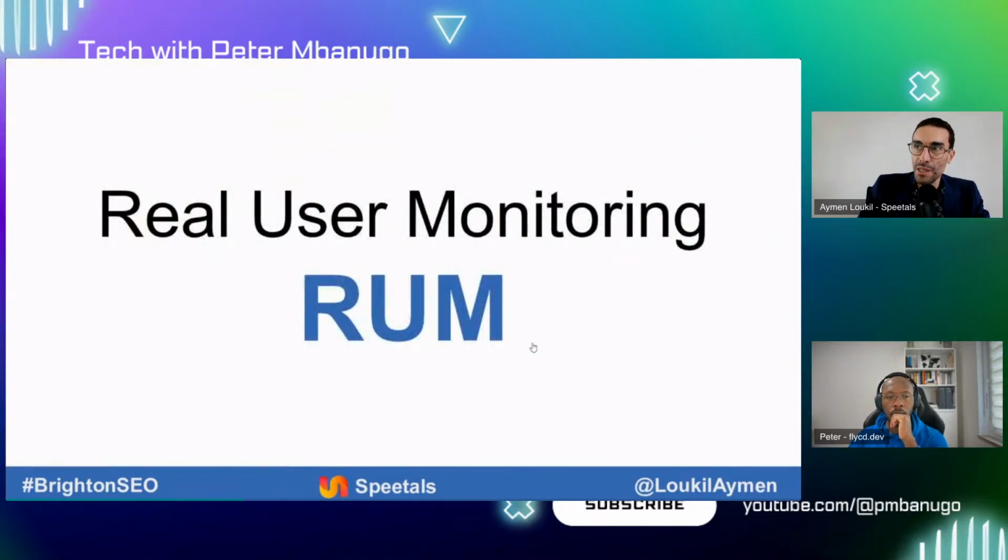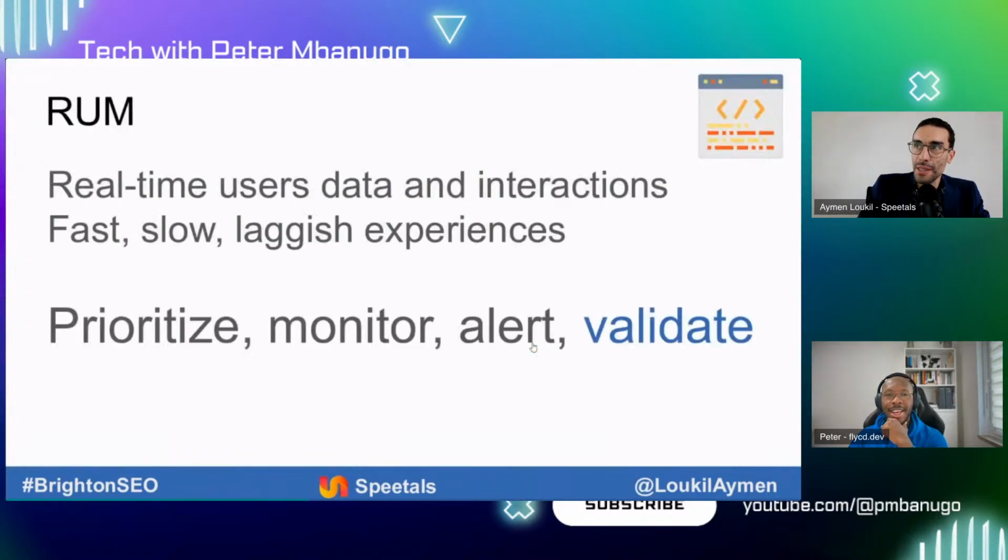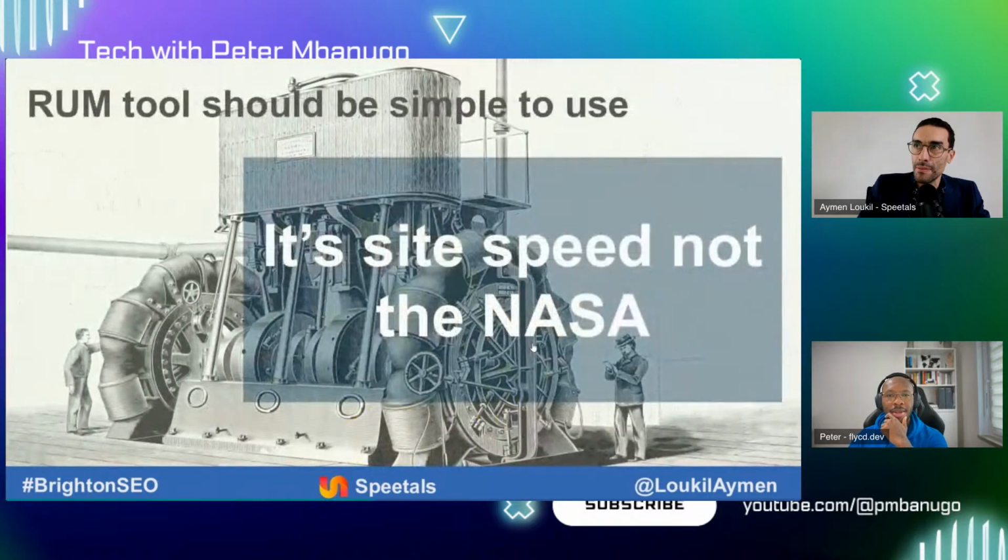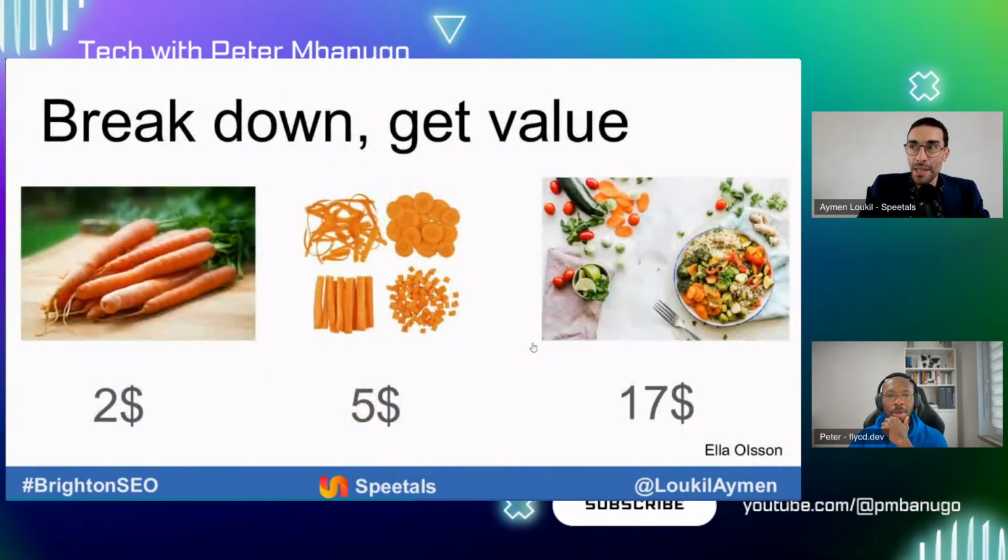Sorry for going a little bit fast. Because when you zoom in on the data and when you break down things, you are going to be able to extract value. Sending a PageSpeed Insights screenshot and saying we pass Web Vitals is kind of nonsense.